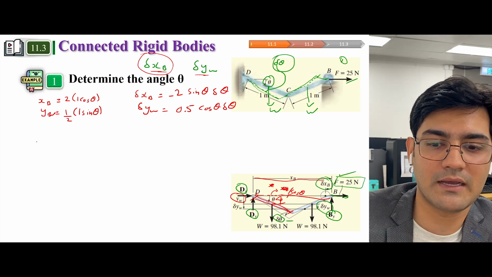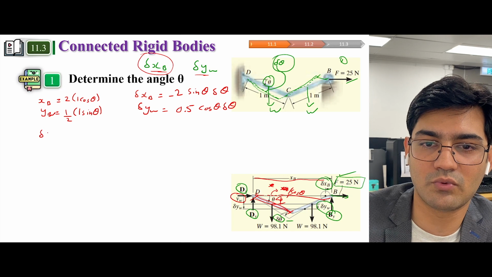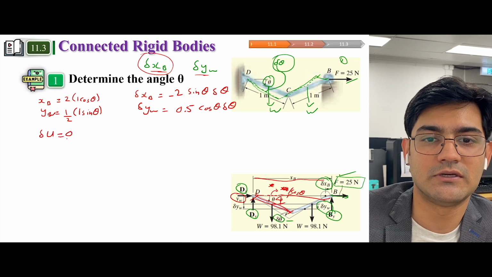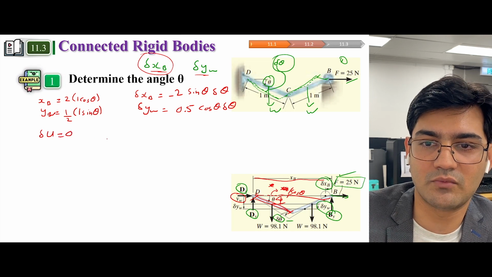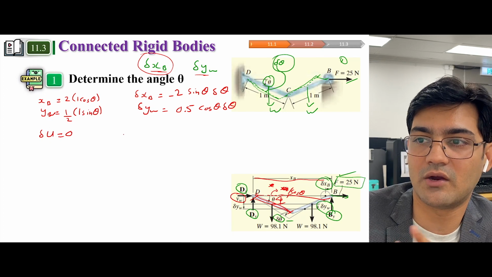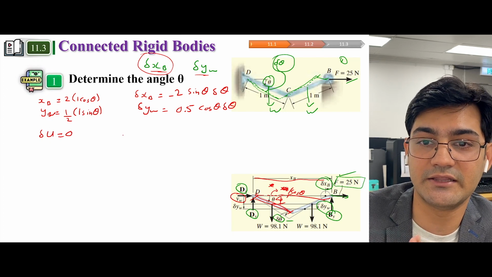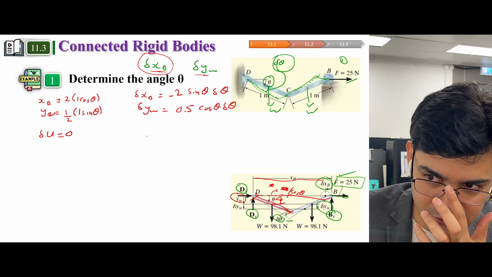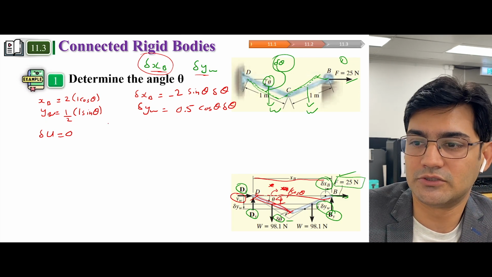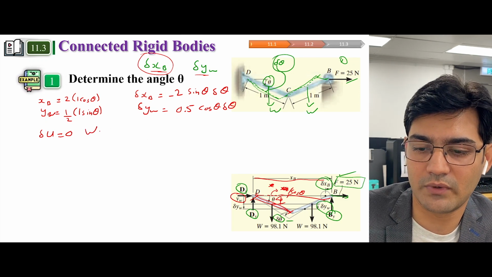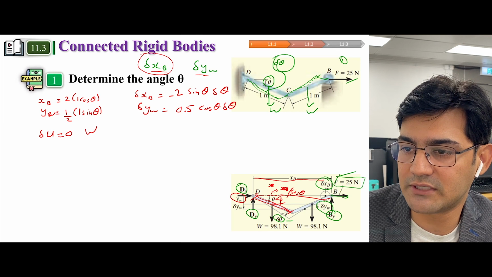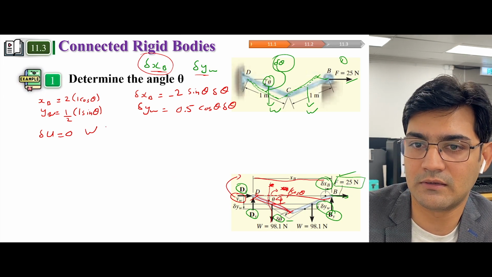Now we have to apply the principle of virtual work, which is that the work done should be equal to 0. Now we have to figure out which are the forces acting in the direction of this rotation which we applied. So you have two weights, weight W, and weight W is acting in the direction of yw.